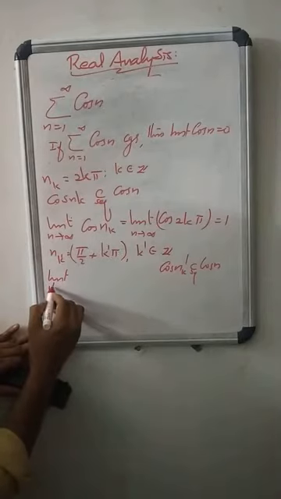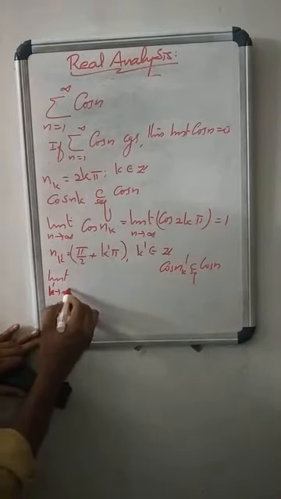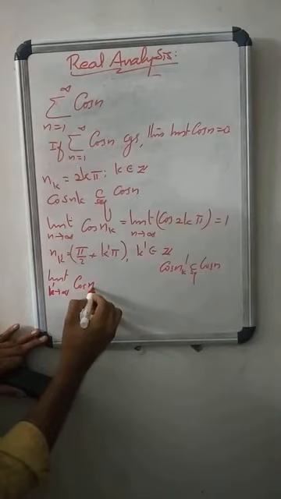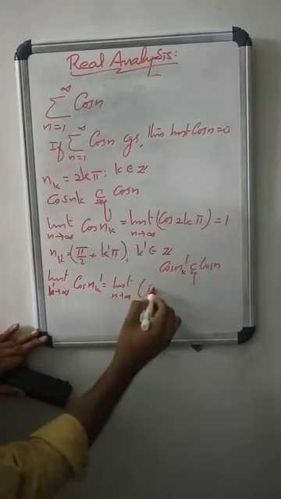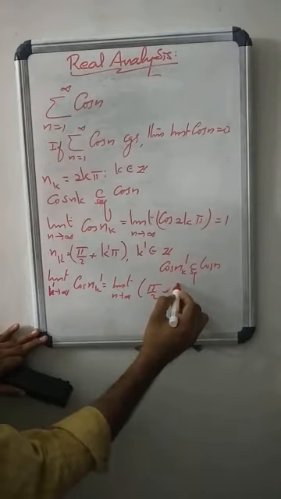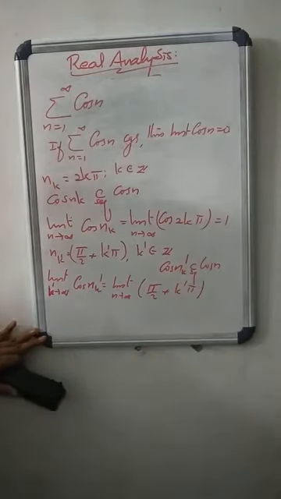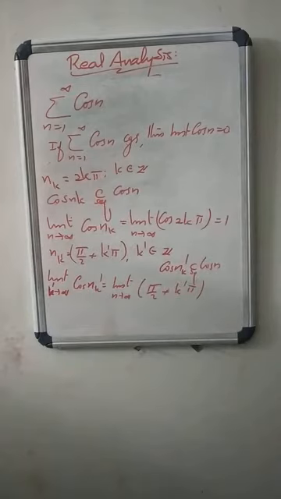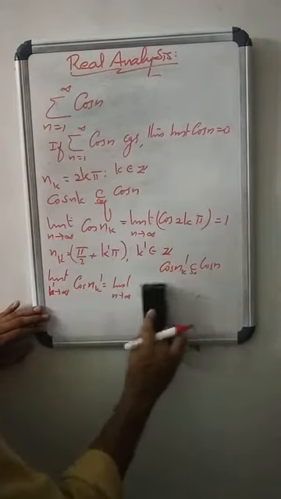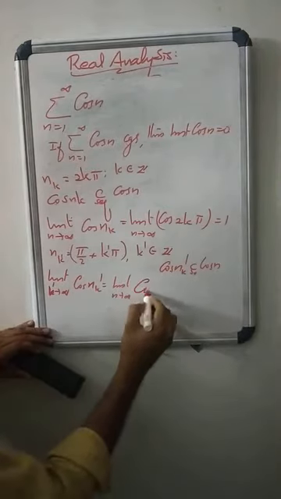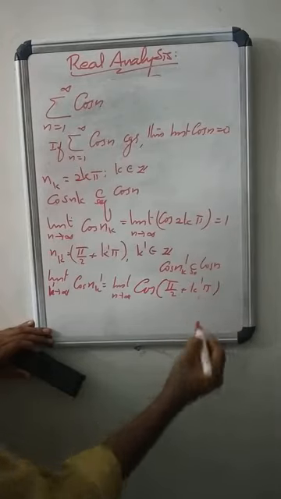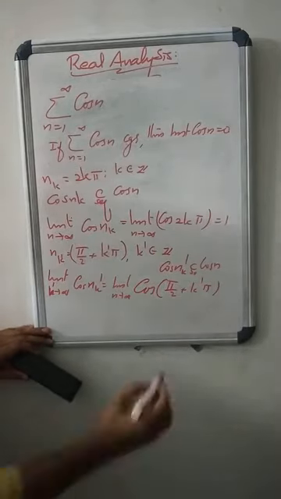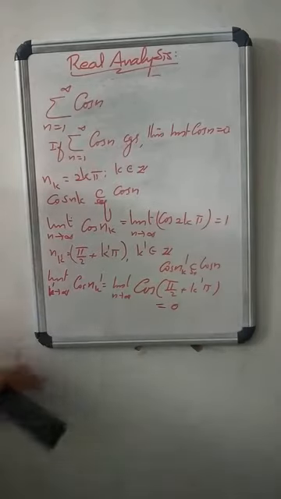Now the limit of cos nk dash equals the limit of cos of pi by 2 plus k dash pi. So what I get is its limiting value is 0 itself.